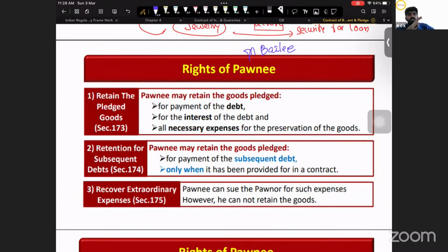So for 3 purposes the goods can be retained: till the debt is repaid, till the interest on the debt is paid, and till the necessary expenses for preservation of goods are paid. Till these 3 things are paid, the goods pledged can be retained by the pledgee.